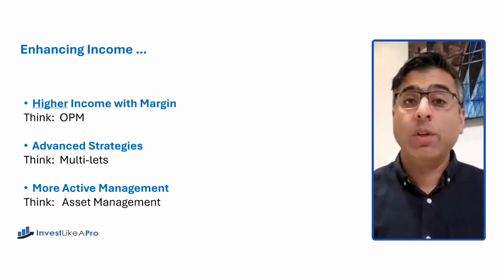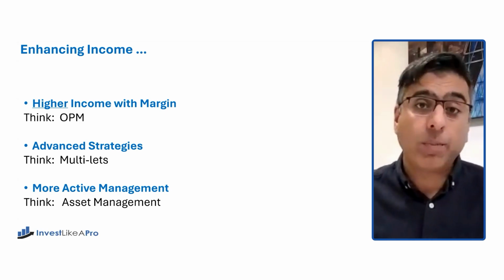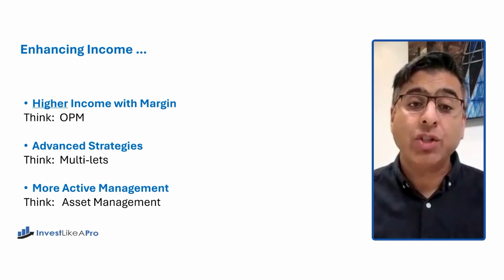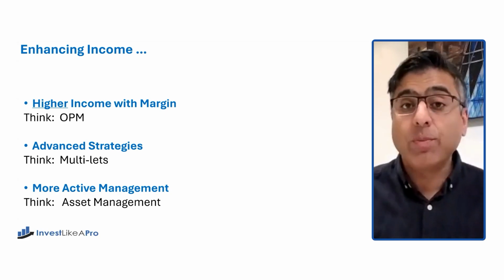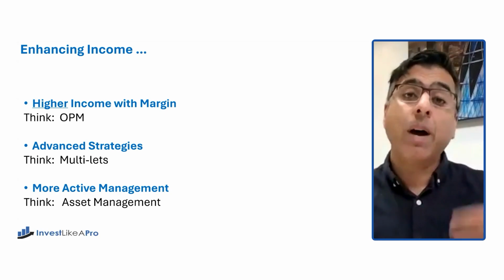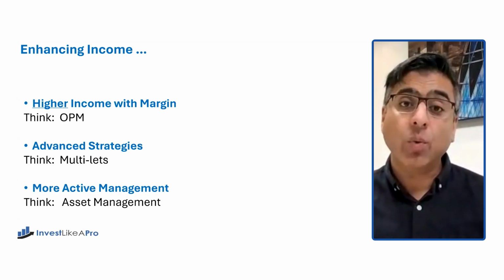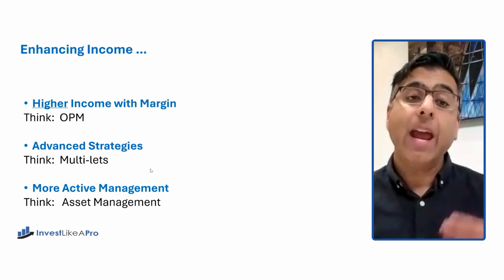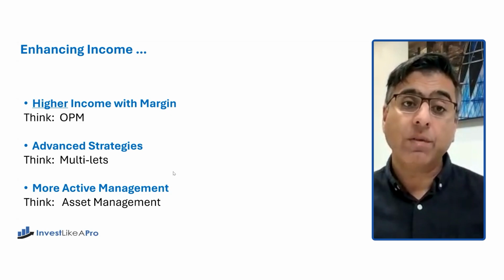And think about more active asset management. When you own a commercial property portfolio, if you are actively managing your assets, you can do the same with options. So instead of letting things expire, you might roll them in a strategic way early before expiry. So that again enhances your levels of income.